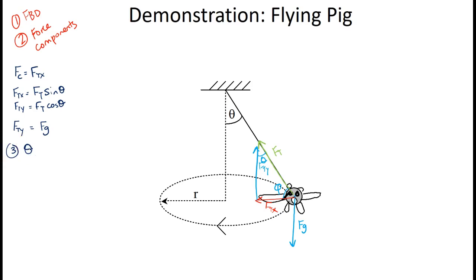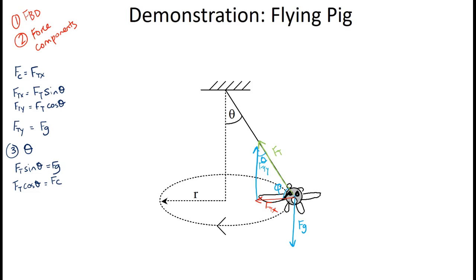Find theta. So, let's look at what we have. FT sine theta equals FC, and FT cosine theta is equal to FG. Okay?